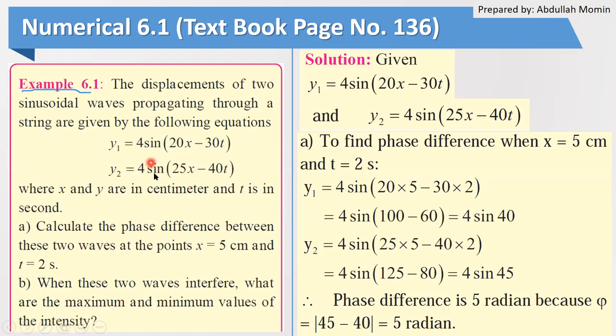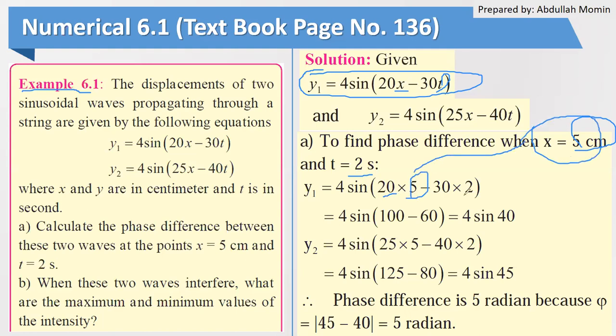So in the y1 equation, instead of x we are going to put 5 centimeter, and instead of t we are going to put 2 seconds. So y1 can be written as 4 sine (20 into 5, this is the value of x, and 30 into 2, this is the value of t).